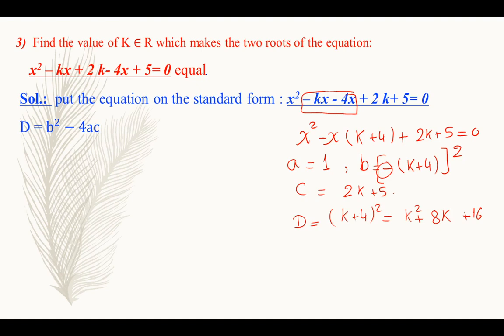All of this is b² minus 4 multiplied by a, which equals 1, multiplied by c, which equals 2k plus 5.